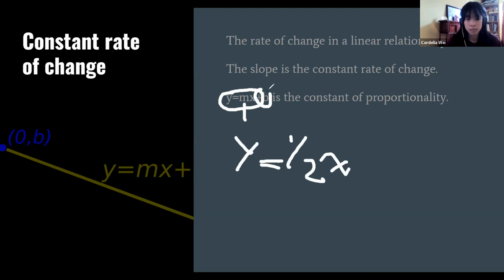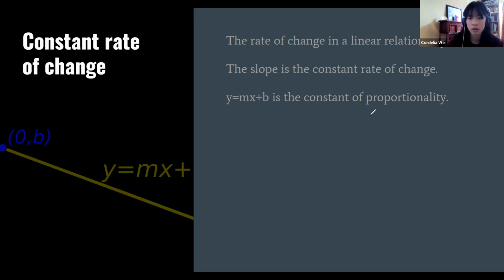And then b is where the line starts. Like over here, if b equals 0, then you start at the 0 point. If b was 1, then you would start at the 1 point. So this would be 1. But it can also be negative. So then the b would be over here on the negative portion. So moving on.